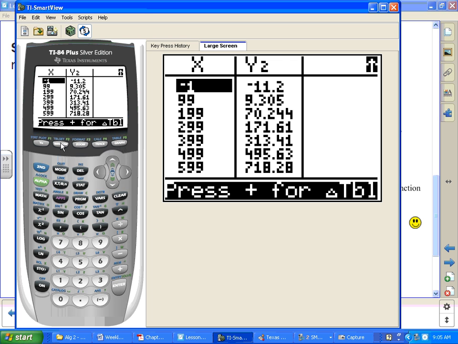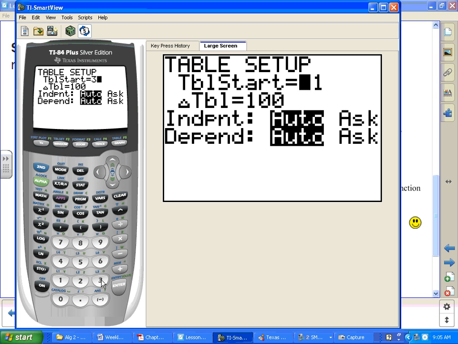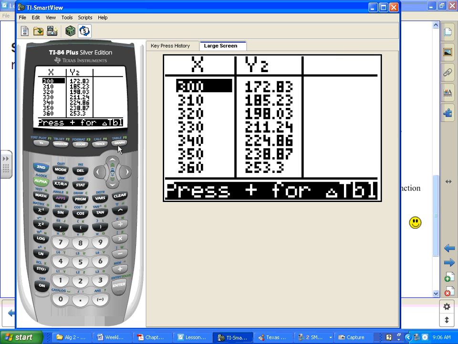So I could change my window to start at 300, and I could tell it to go by 25s, or by 10s if I wanted to make it a little bit easier. And I could figure out that, oh, we're closer to 320. So approximately 320, probably about 322 or something like that would give me the $200 I'm looking for. But by having the actual function, we can get more exact in other parts then.